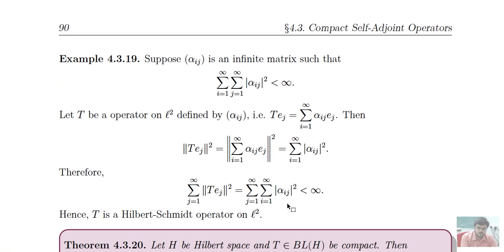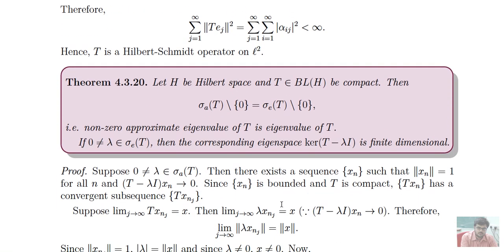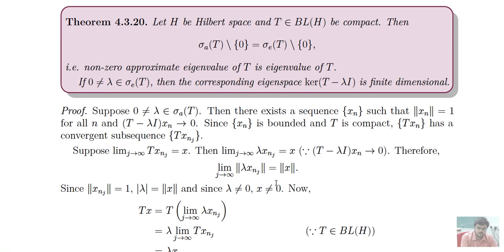Now this result, I have already made a video on my other YouTube channel before, when there was lockdown. If you remember, I sent you a video. So what it says is that H is a Hilbert space and T is compact.